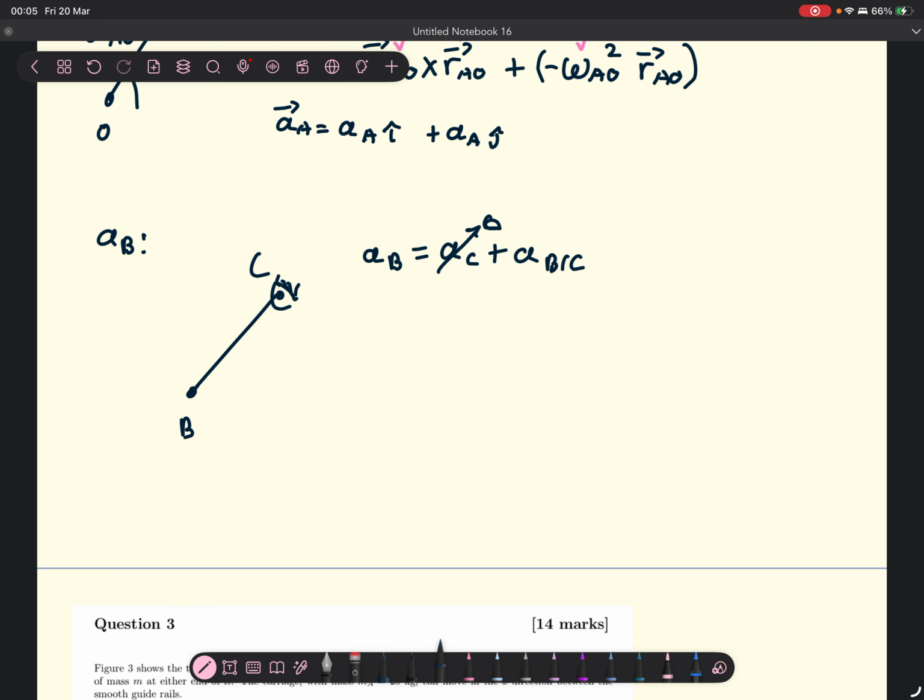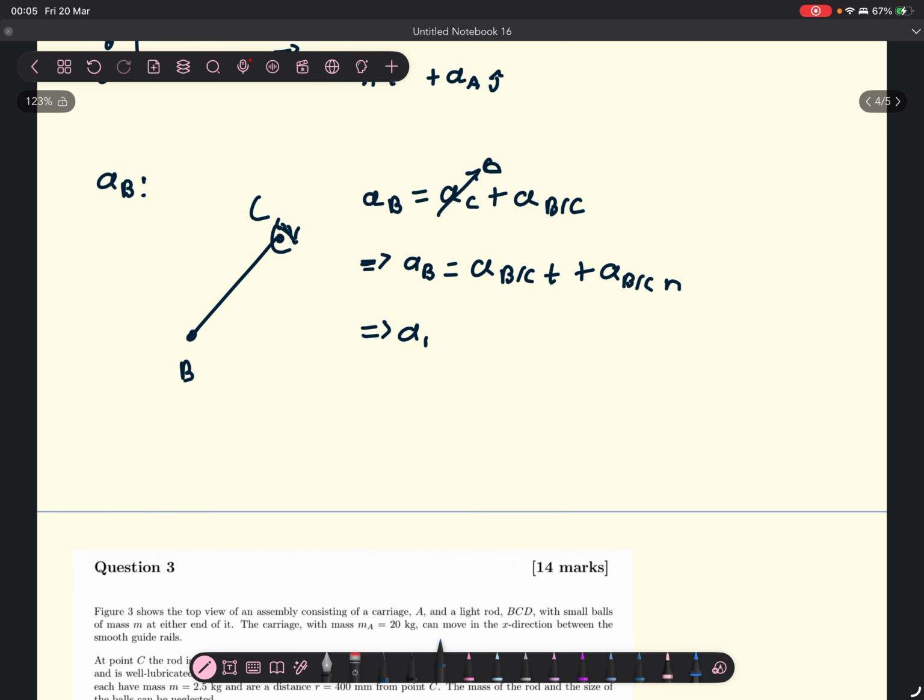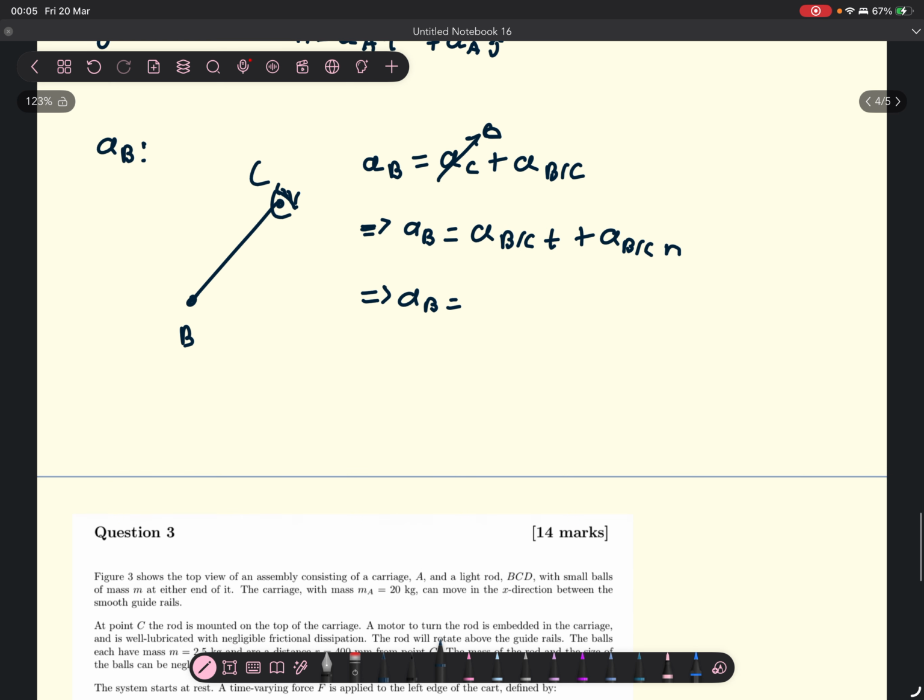C is a stationary point, that's 0. So the acceleration of B is equal to the acceleration of B relative to C tangential plus the acceleration of B relative to C normal. The tangential component is equal to alpha BC cross R BC, plus minus omega BC squared times R BC.